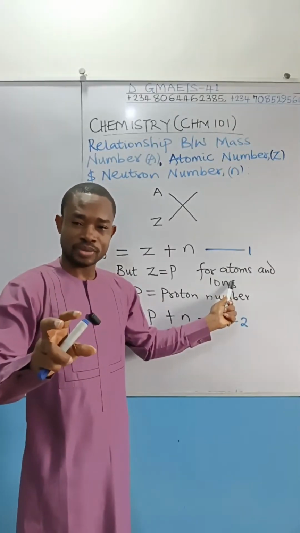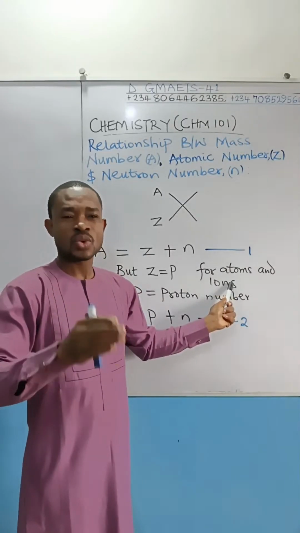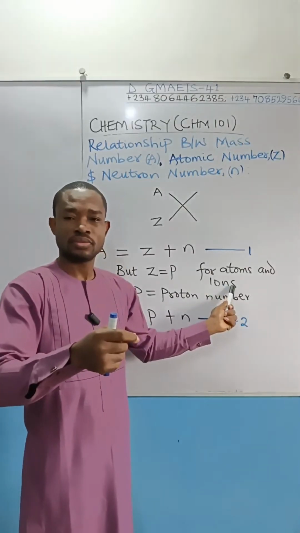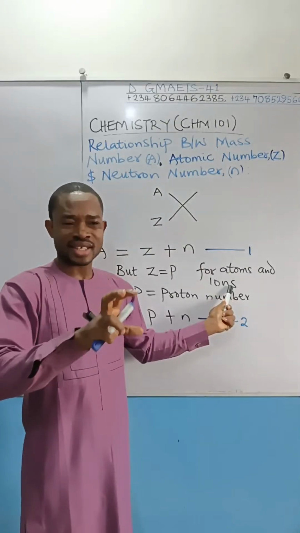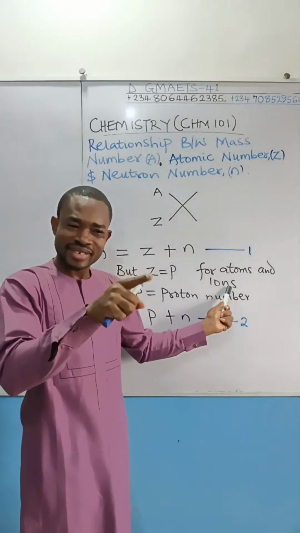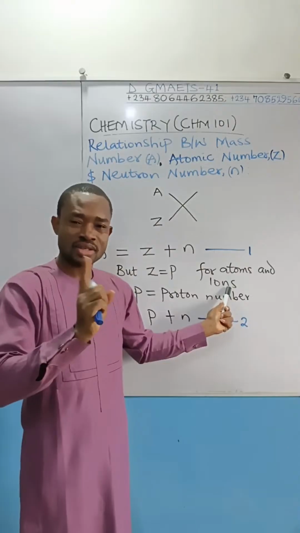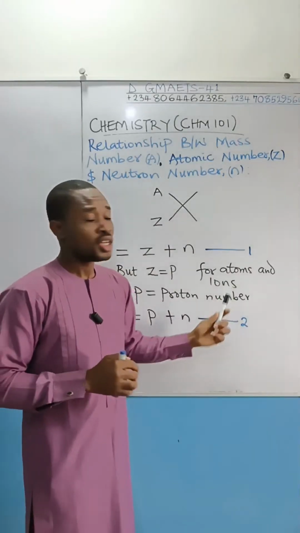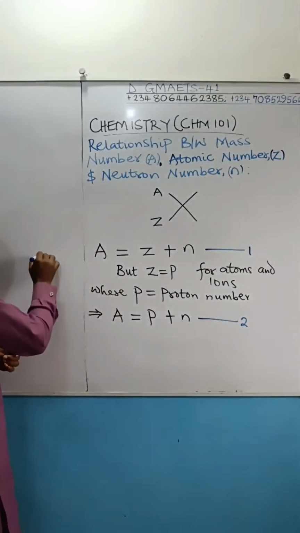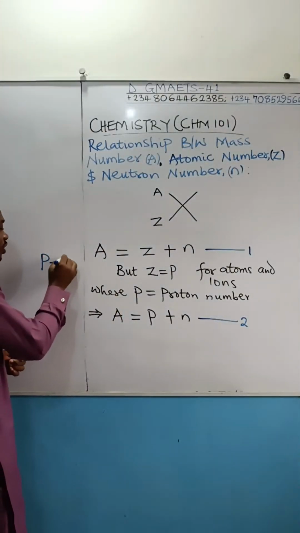The answer is simple. Whenever someone mentions atom, like I said, by standard, it means that that species, that thing called atom, has not reacted. And for that reason, the number of protons will be equal to the number of electrons.